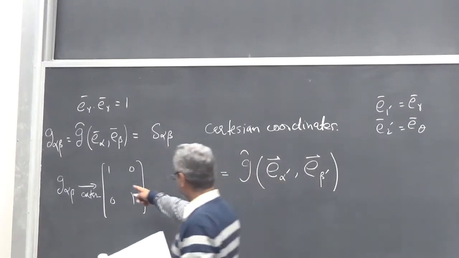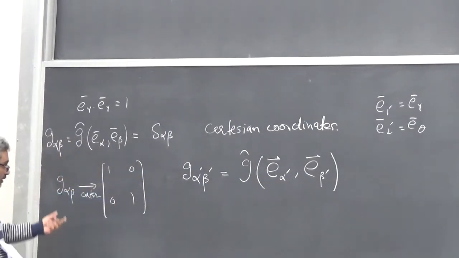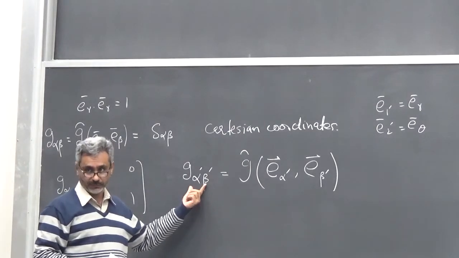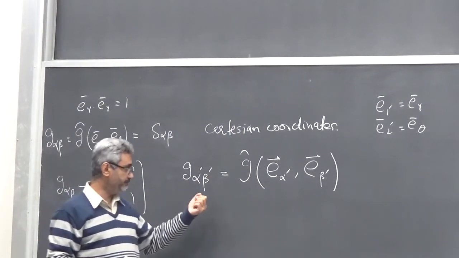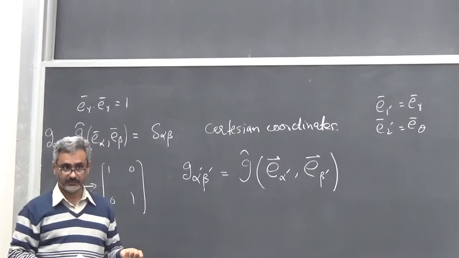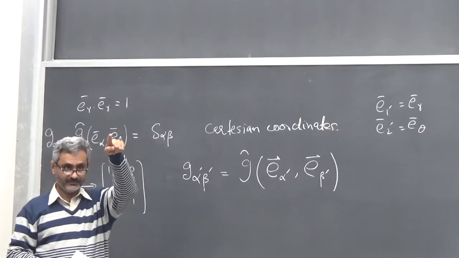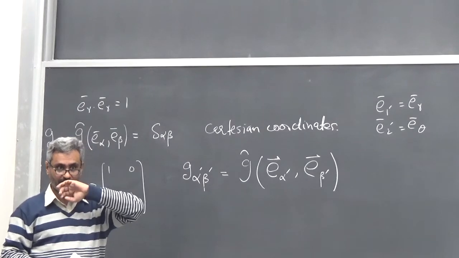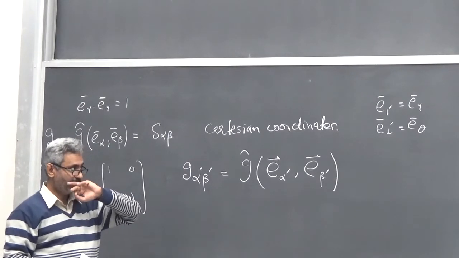Like here we calculated them to be 1, 0, 0, 1. What are the components, this G alpha beta? Are these numbers, or are these functions? How would you calculate them using this expression? By the dot product of the basis vectors, E_r into E_r, E_r into E_theta.